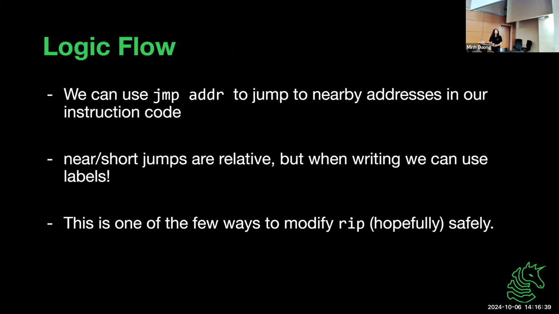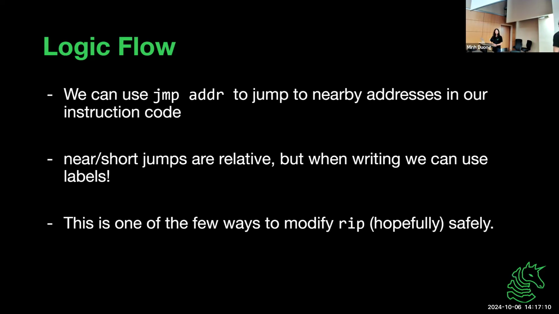The other thing to keep in mind about assembly is how we implement logic flow. When we write if statements and while loops and whatnot, we need to be able to jump to other positions in the code because we can't just keep running instructions in order. So there is the simple instruction jump to address if we want to just jump to somewhere else. When we write these commands, how they show up in code is relative.